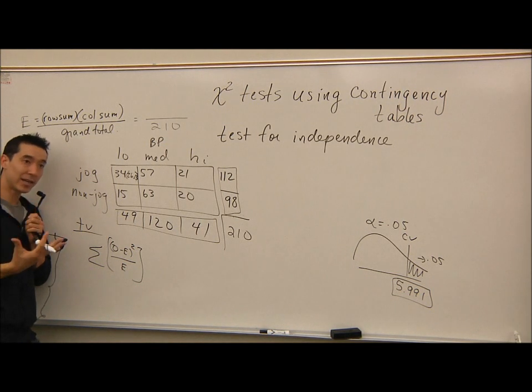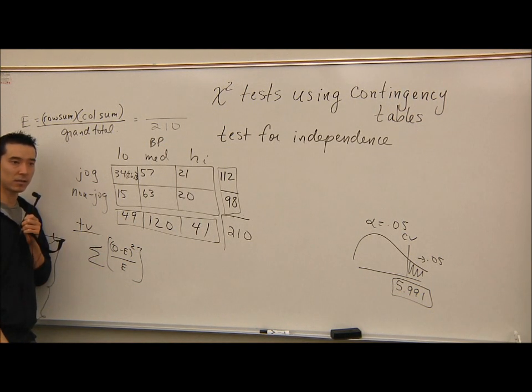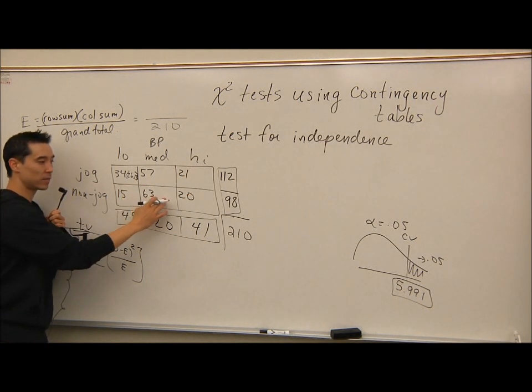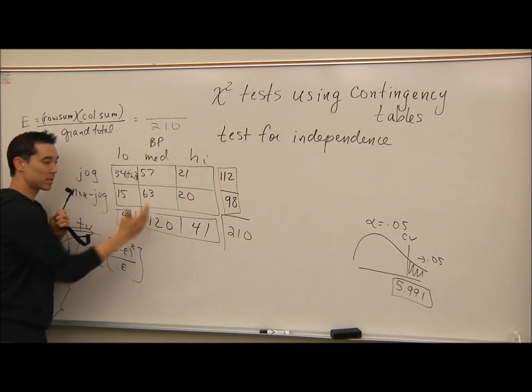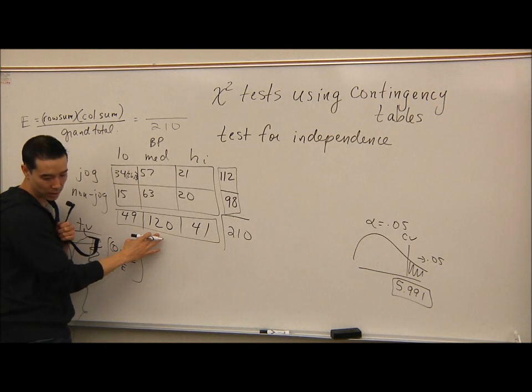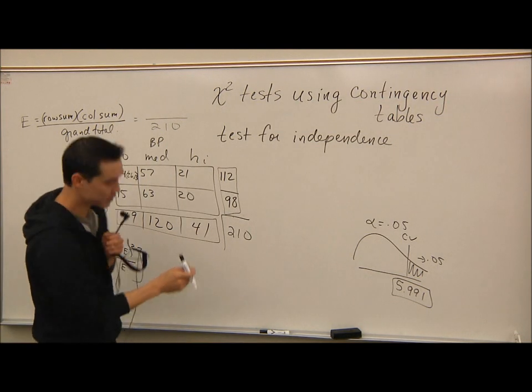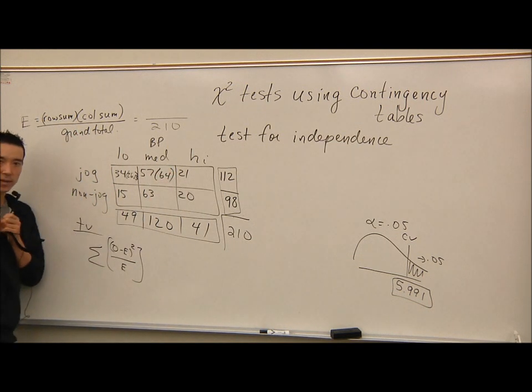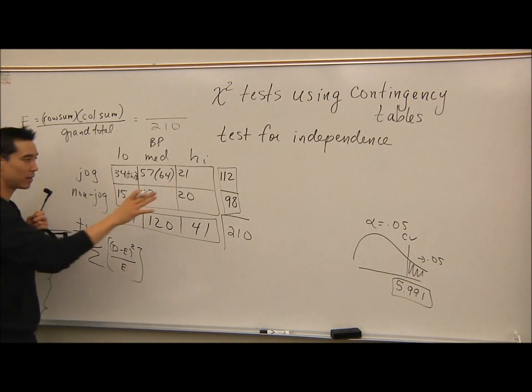And then you need to continue and go to each of these, okay? So now spend about 5 minutes, figure out the expected value for each of these. The expected value for this one is going to be the row it's in, 112, times the column it's in, 120, divided by 210, okay? I'll do that one for you. It comes out to 64. I'm putting that in parentheses, so the expected values are in parentheses. Okay, so you go ahead and finish this off.